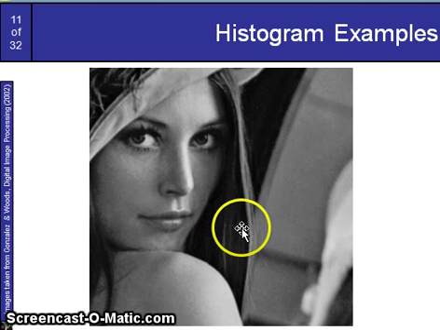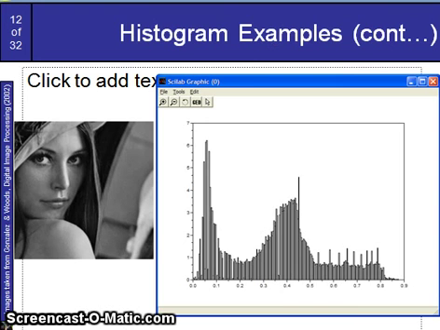So we'll see the histogram example here. This is the Lena image, a very famous image, especially for image processing because of the various gray levels in this particular image. Now when we plot the histogram of the image, we can see the variety of gray values which are available and the distribution of the gray levels.